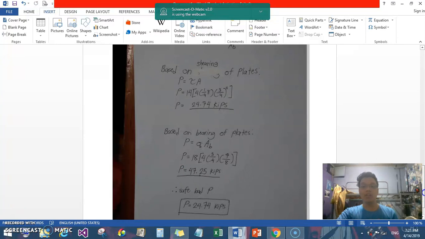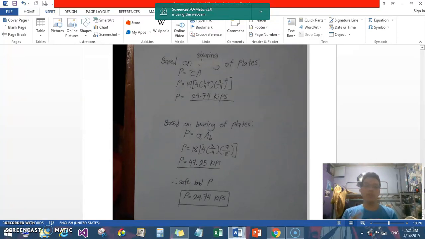The final answer is the lesser one, which is 24.74 kips. The reason why we chose 24.74 is because it is the lesser force of the two. That means 24.74 can be applied to the bearing without causing drastic changes to the actual plate itself.